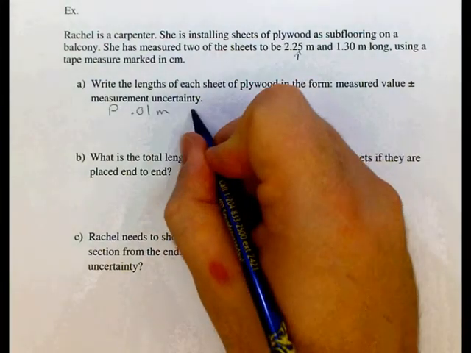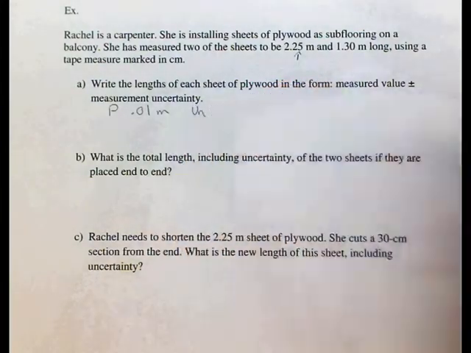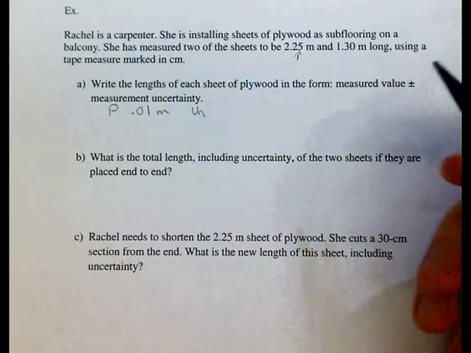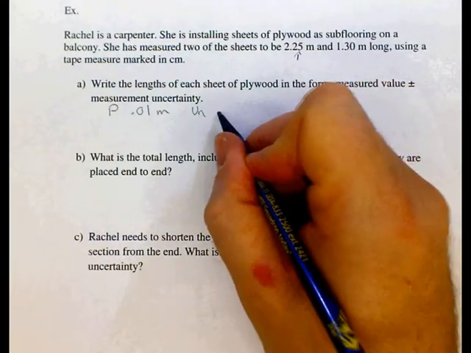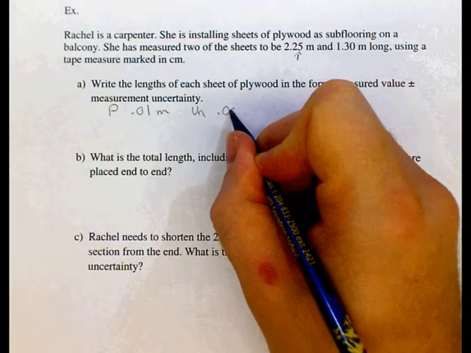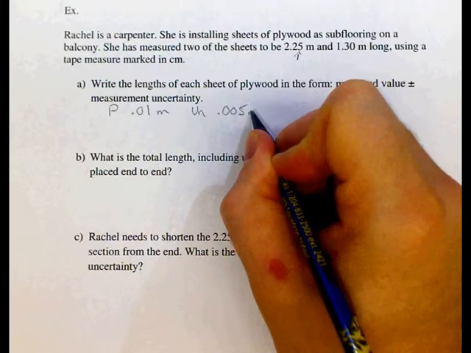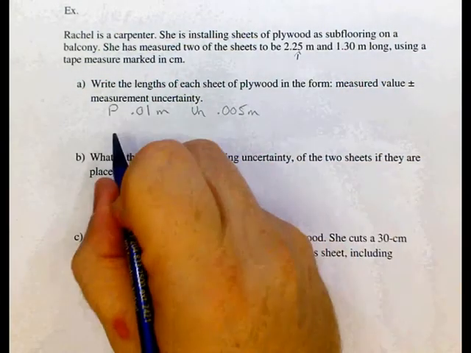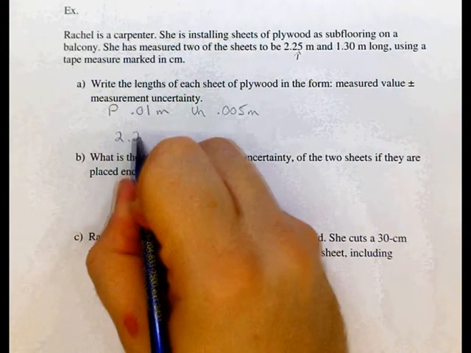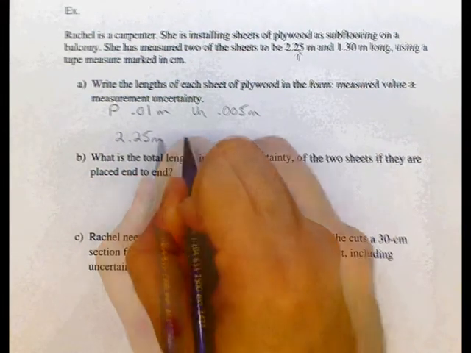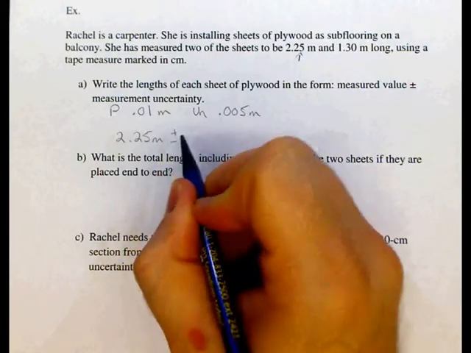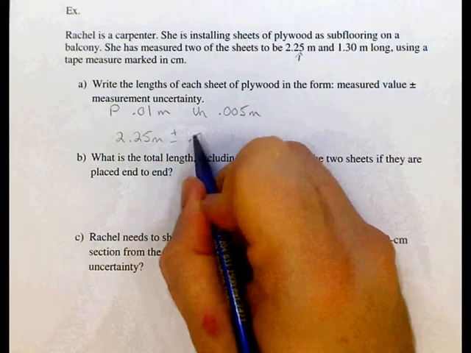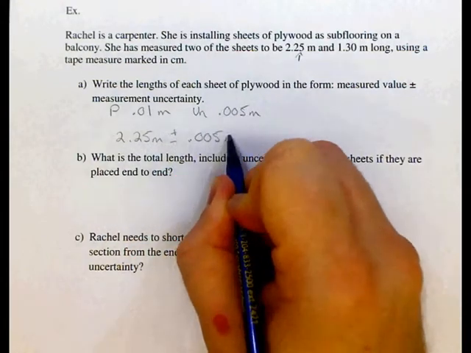What's my uncertainty? Uncertainty is half my precision. 0.01 divided by 2 is 0.005 meters. So my measured value, 2.25 meters, plus or minus uncertainty of 0.005 meters.